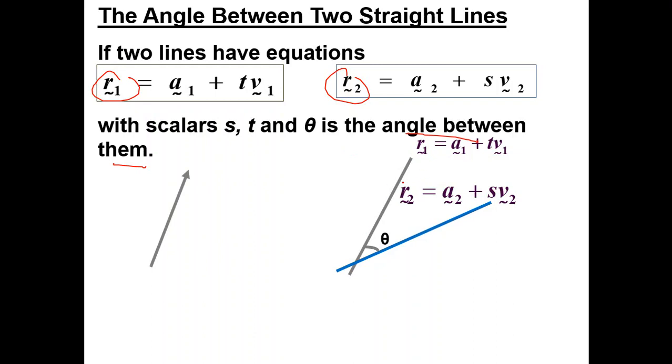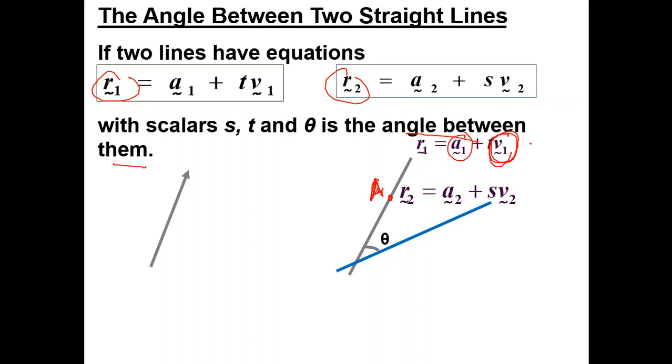So for line r1, a1 is a point which lies on that line, and a1 is a position vector. The important part for r1 is v1, the direction vector for this line.